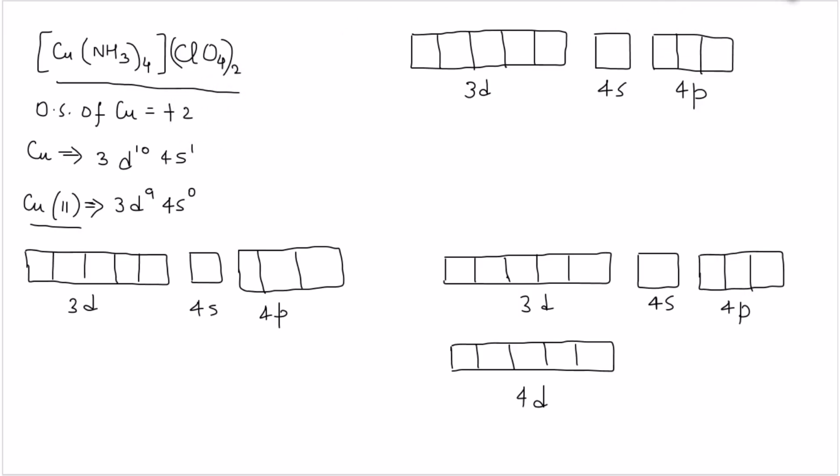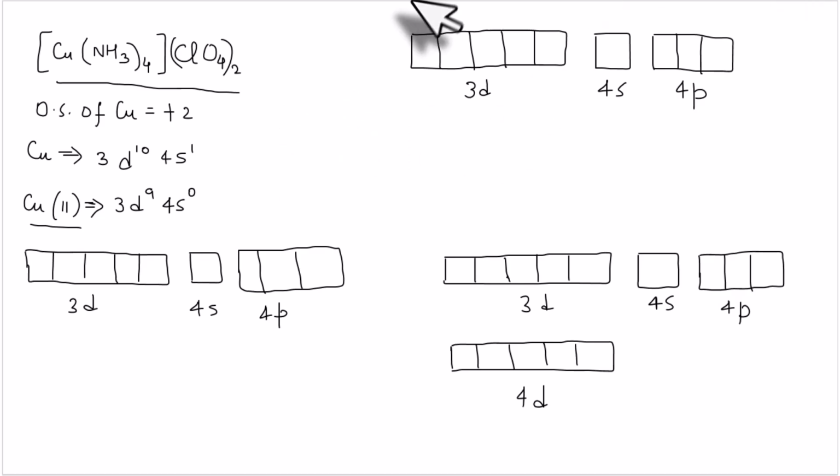And also, in square planar geometry there are two possibilities of hybridization, dsp2 inner orbital complex and sp2d outer orbital complex. Why does this particular complex prefer sp2d hybridization?